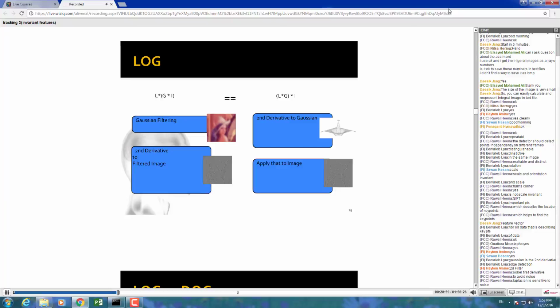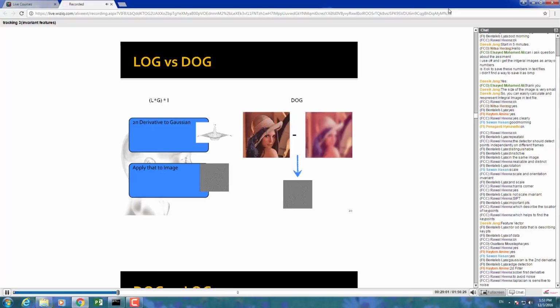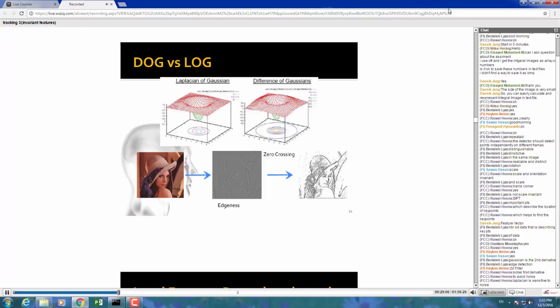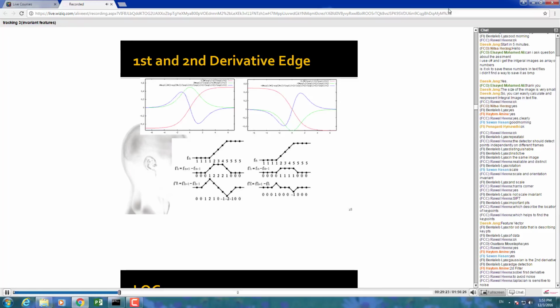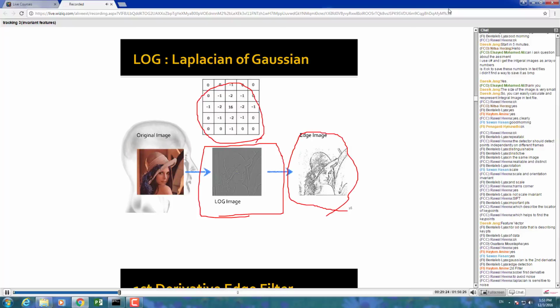So let me skip the features. I believe you already understand this concept that we have discussed already, right? So finally, they selected LOG edges, not exactly edges. Again, let me show you this slide again.